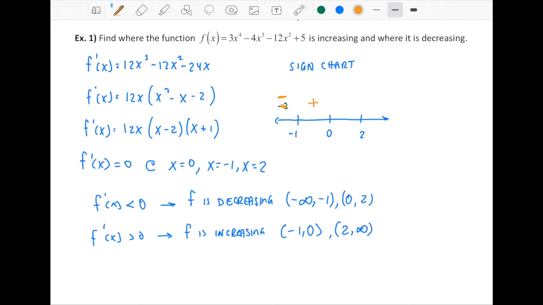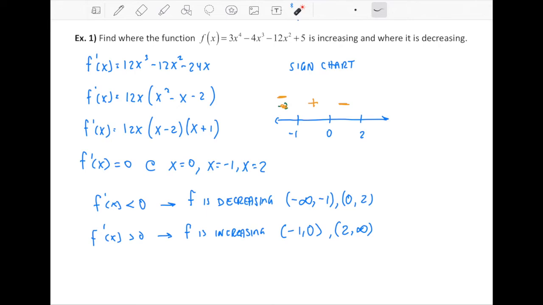Next, I'll pick something between 0 and 2, say 1. 12 times 1 is positive. 1 minus 2 is negative. 1 plus 1 is positive. I don't care what the value is, I care that we have 1 negative, so the whole thing is negative.